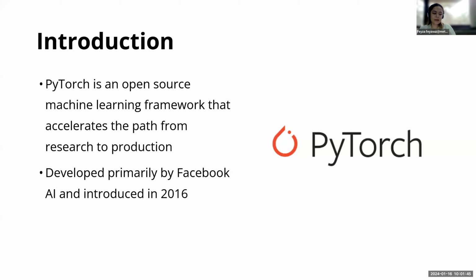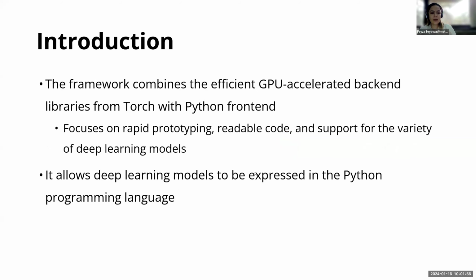PyTorch is actually one of the most popular open source deep learning frameworks. It's developed by researchers at Meta, Facebook AI in 2016. And basically, it's a Python-based scientific computing package. Its main purposes are an efficient CPU and GPU accelerated backend combined with a Python frontend.